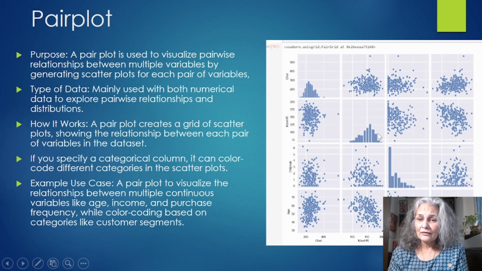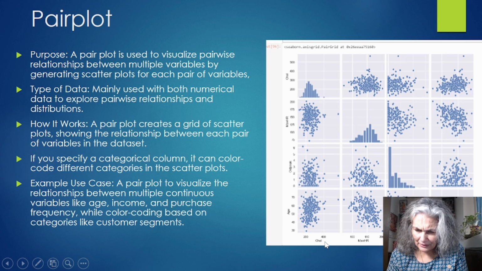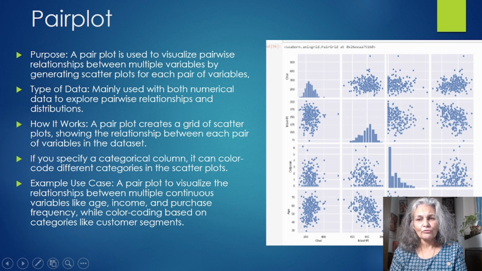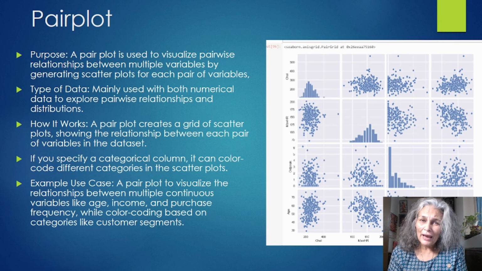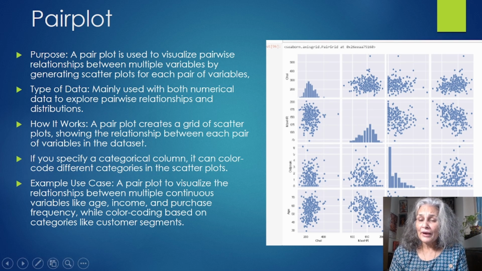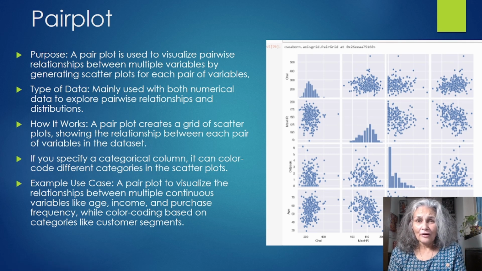So as you can see here, you have, for example, cholesterol being plotted against age, then against old peak and max HR, and finally against itself, and so on and so forth. As long as the number of variables is small, I think it's not too bad. However, once you have a very large number of variables, this can become very unwieldy and can lead to tiny little graphs, which may not add a lot of insight.